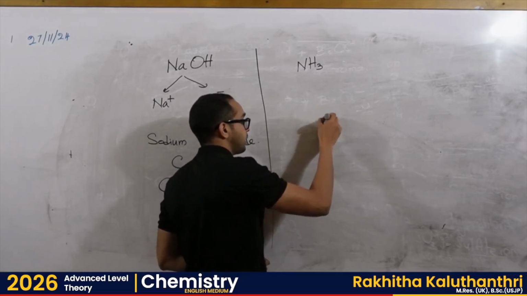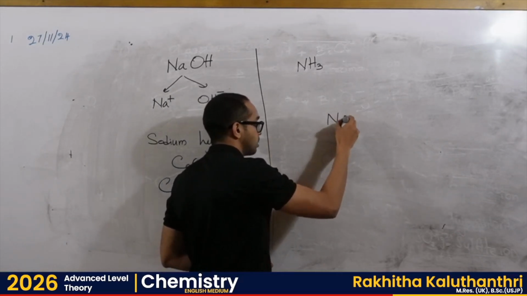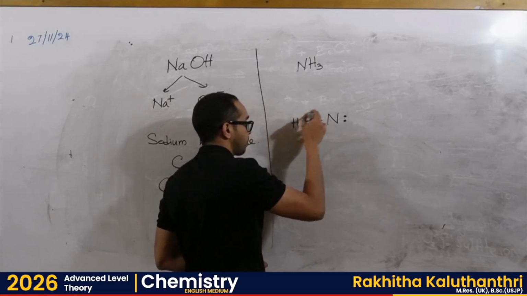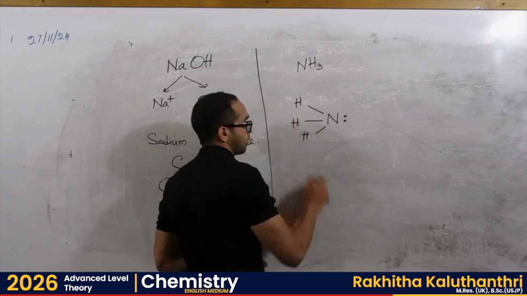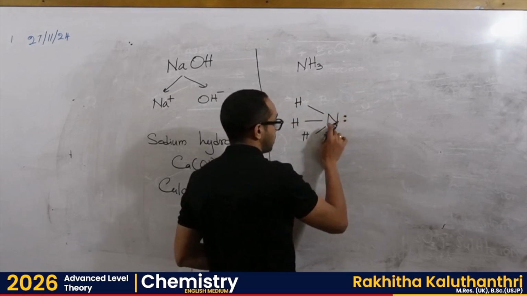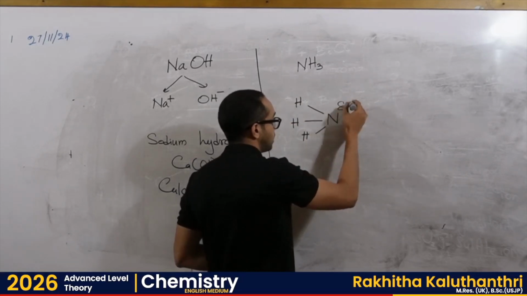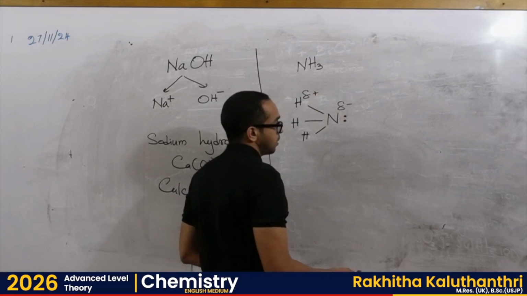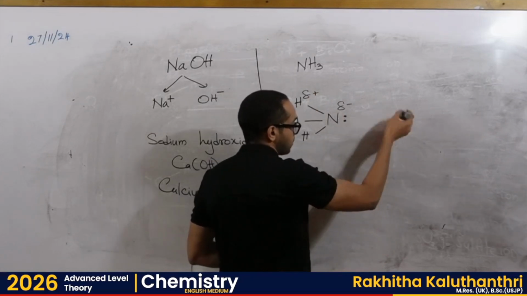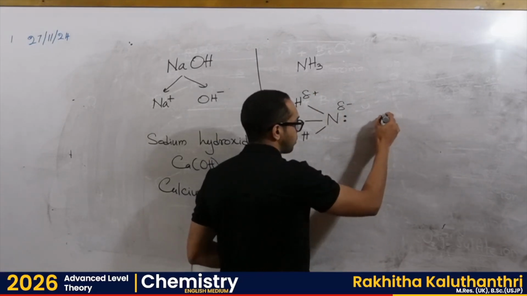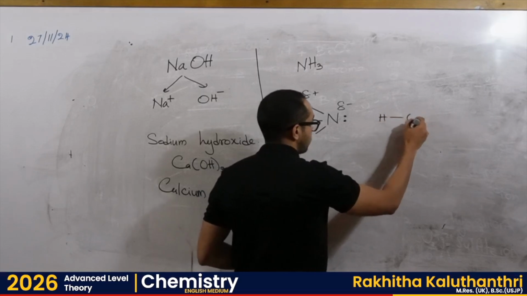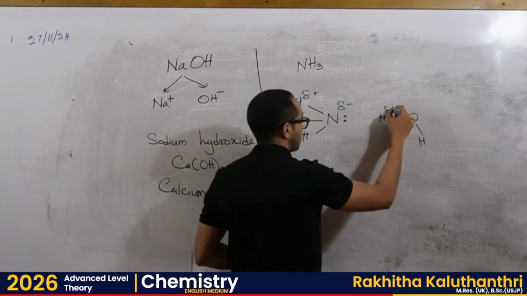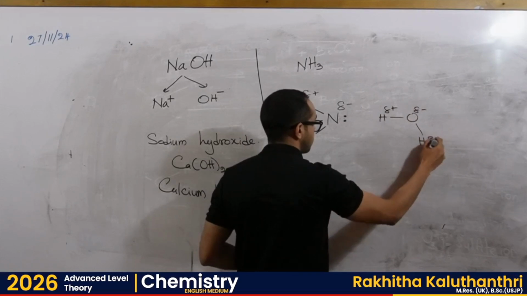So if you take ammonia, students, there's a lone pair here, there are hydrogens here. The nitrogen over here is partially negatively charged and these are partially positively charged. And if you take water, we have water molecules here. In water we have this situation, hydrogens partial positive, these partial negative.